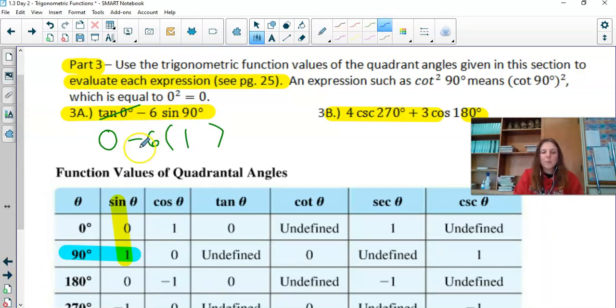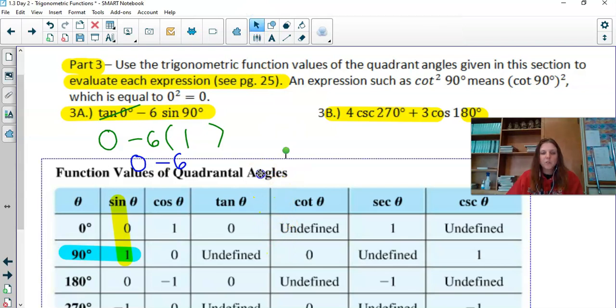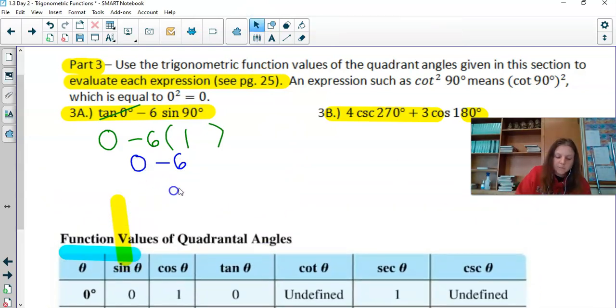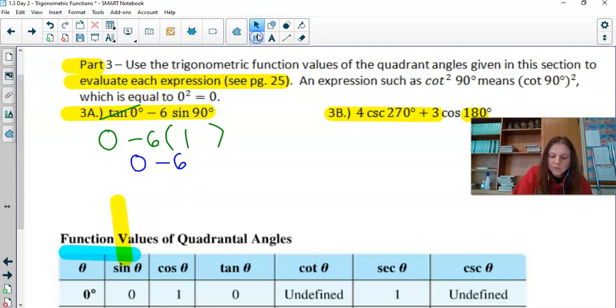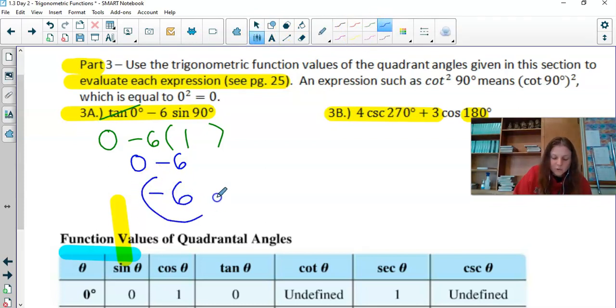Follow your order of operations. So -6 times 1 is -6. You still have 0. 0 minus 6 is equal to -6. So the answer to this first part will just be -6. So you can see you're using your algebra skills and then plugging in these trig values.